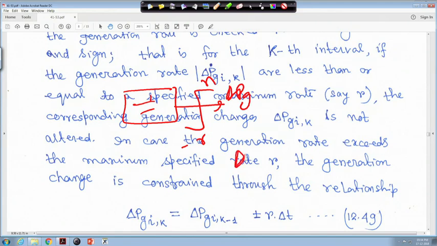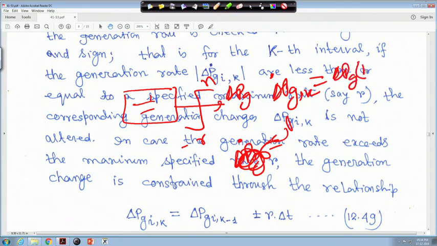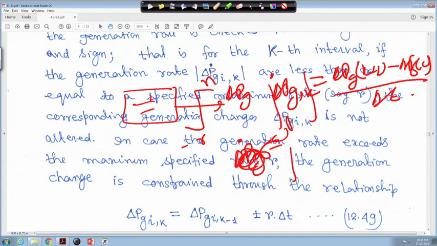How will we do that? First you find out delta Pg dot. Delta Pgi k dot is equal to delta Pg k plus 1 minus delta Pg k divided by delta T. This you have to compute first, then you check whether the absolute value of delta Pgi k dot is greater than or equal to R or not.